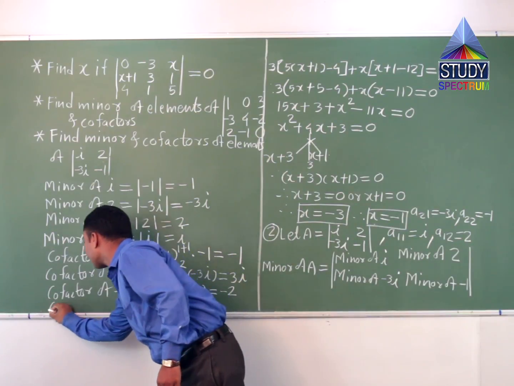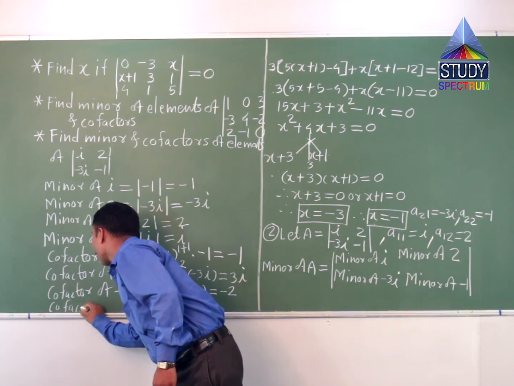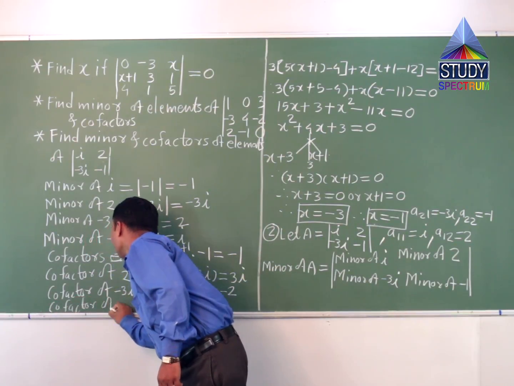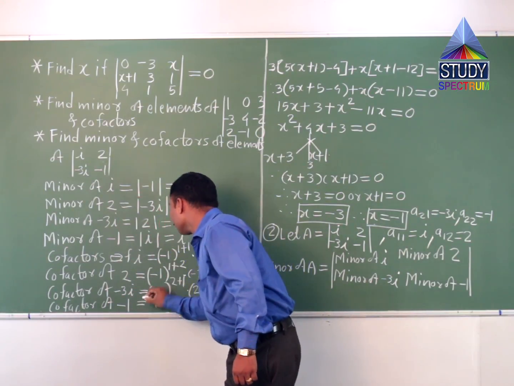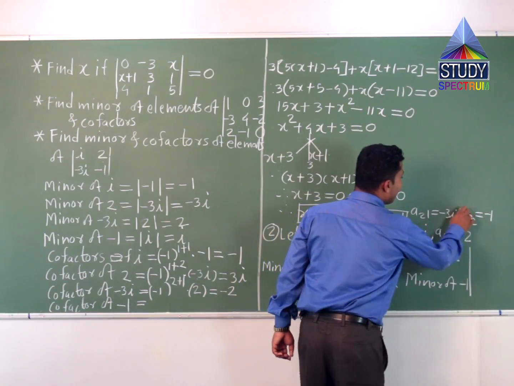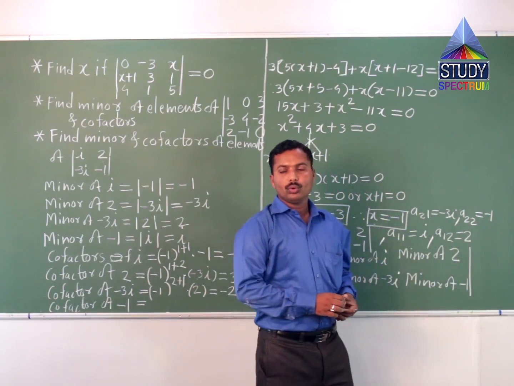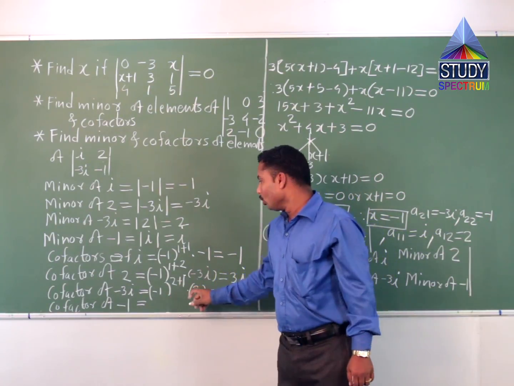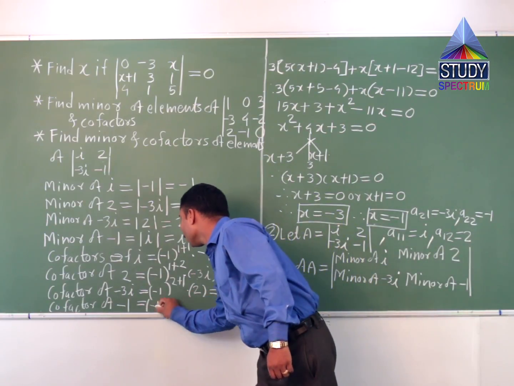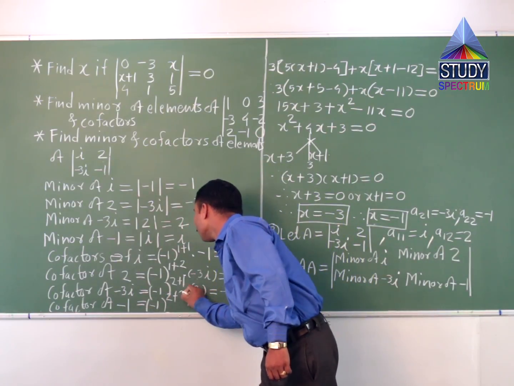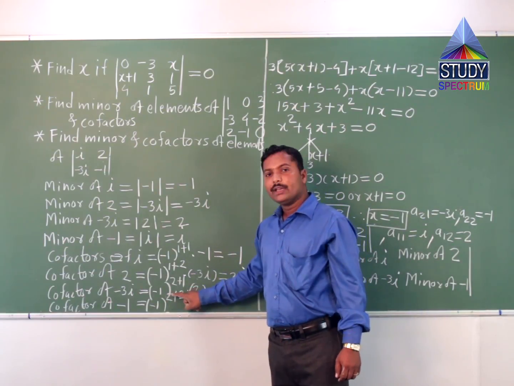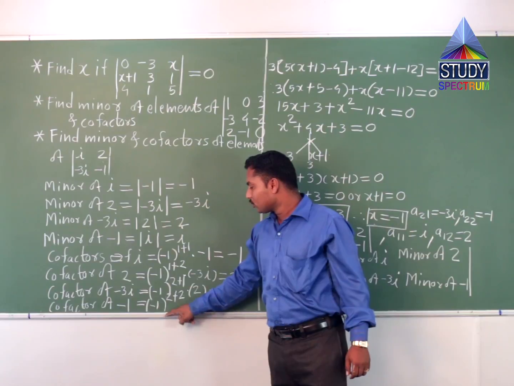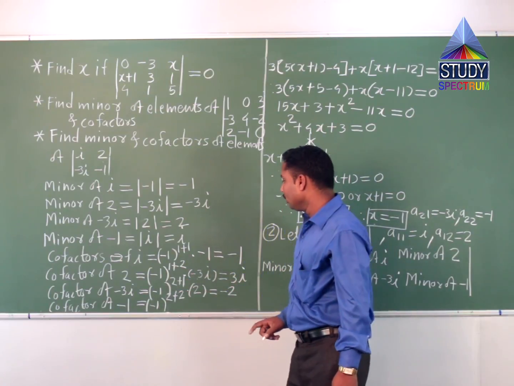Similarly, the last cofactor, of the last number -1, which is a22, so the suffix is 2, 2. Minus 1 raised to 2 plus 2, which is 4. 4 is an even number, so minus 1 raised to an even number is always 1.